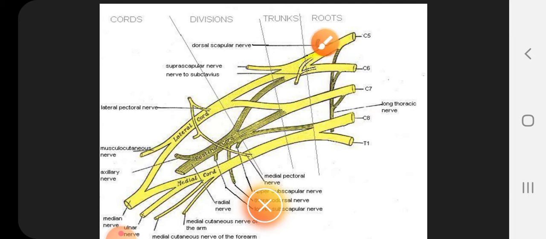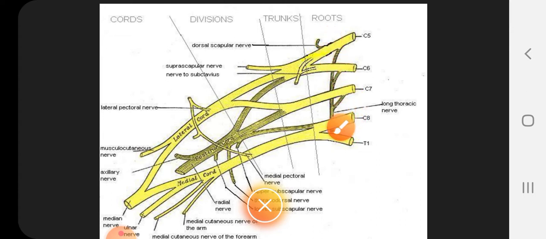Number 2, the nerve to the rhomboid muscles, that is the dorsal scapular nerve. This supplies the rhomboid major and minor muscles, which are responsible for retraction of the shoulder girdle, and it gives a branch to levator scapulae.